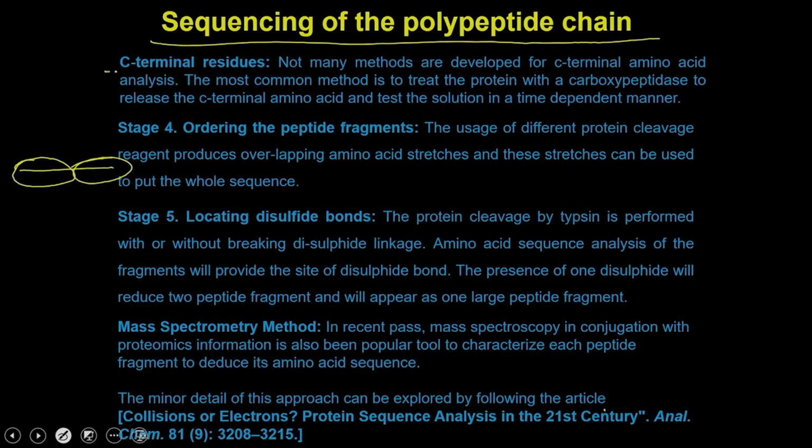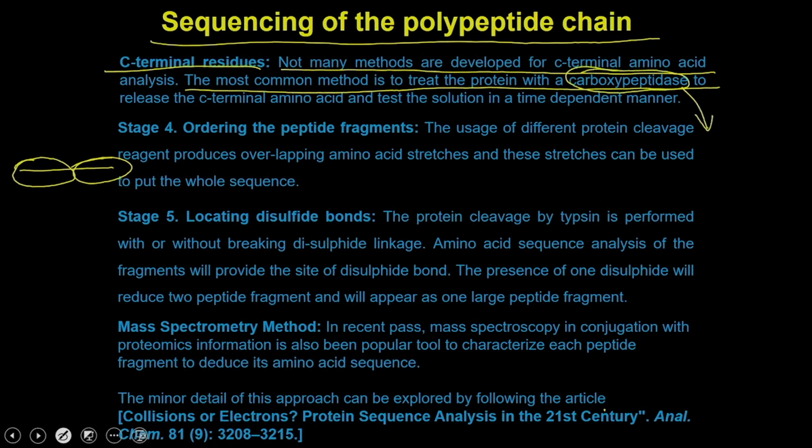For the C terminal residues, not many methods are developed. What you can do is treat the protein with an enzyme called carboxypeptidase. Carboxypeptidase is a very specific protease which cleaves the protein from the C terminus, which means it is going to chew from this side.